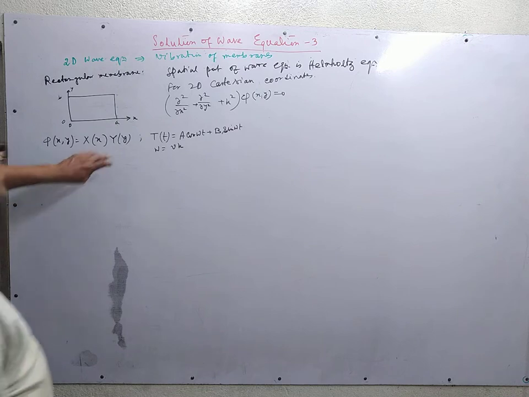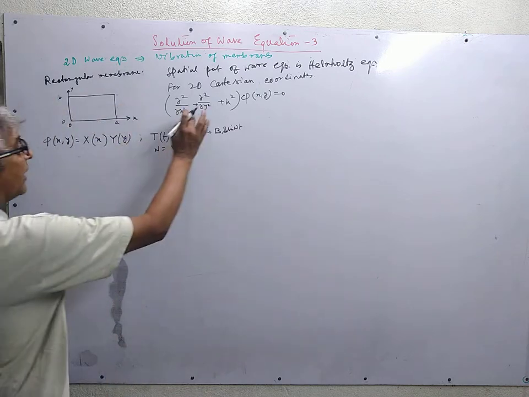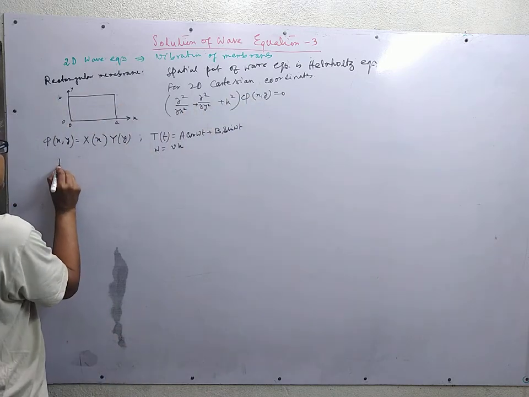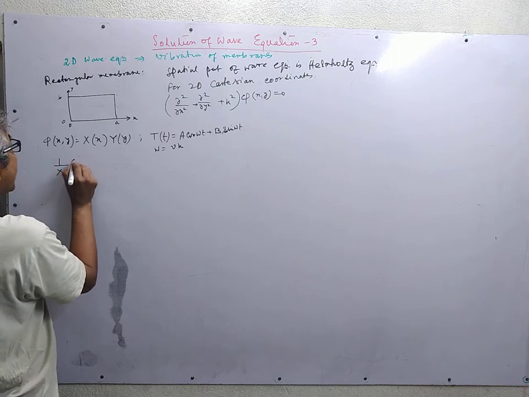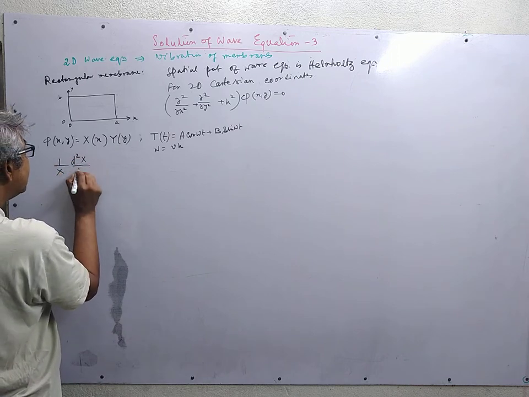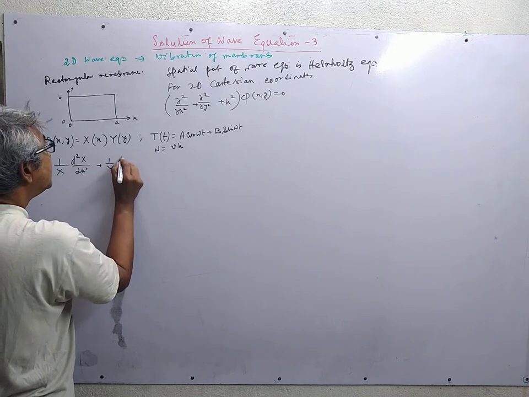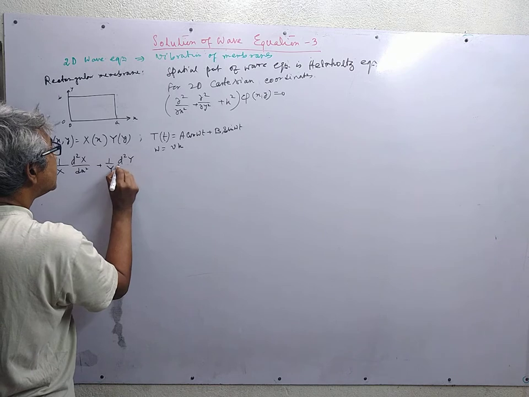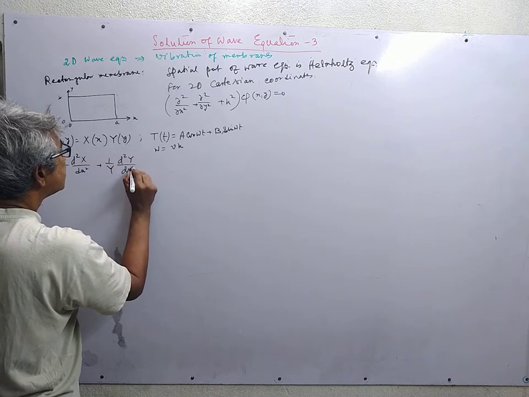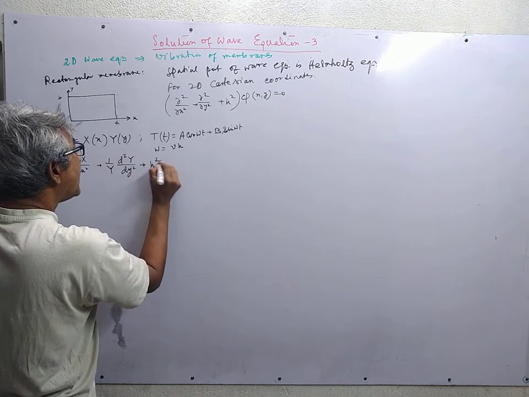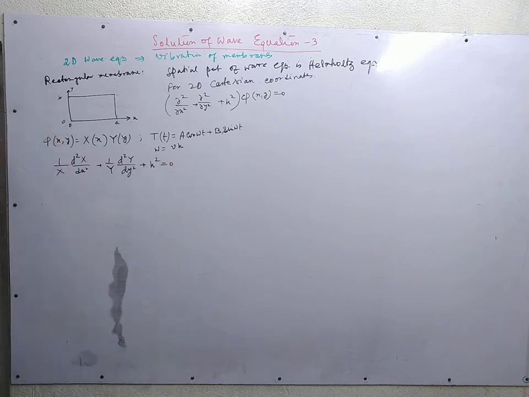If we substitute this here for a non-trivial solution, we get 1 by X d2X dx2 plus 1 by Y d2Y dy2 plus k square is equal to 0.